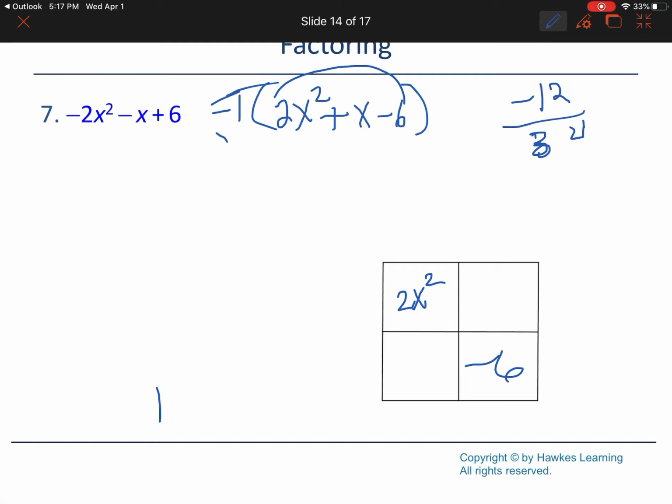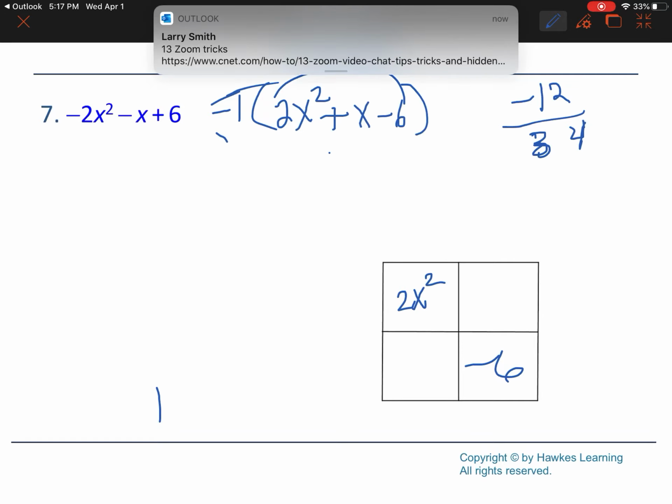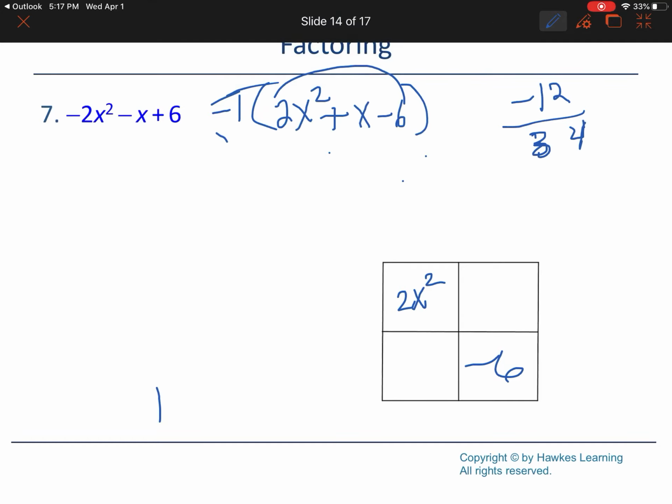One's got to be positive, one's got to be negative, and I want them to add up to a positive. So we need a positive 4 and a negative 3. So one will be negative 3x, one will be 4x, and then we factor.